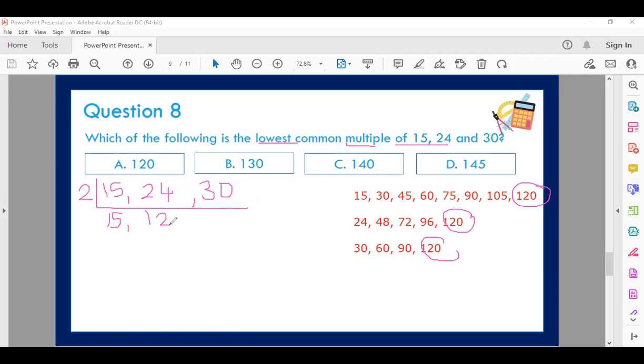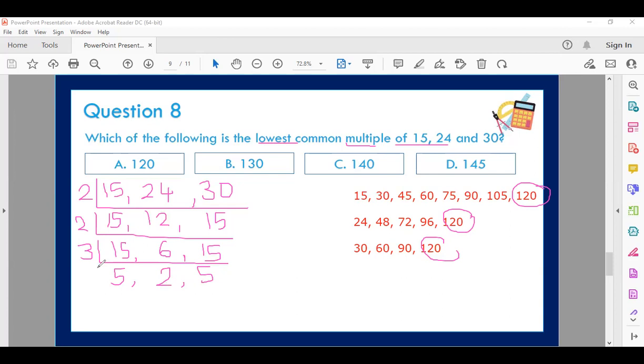This gives 12 and this gives 15. I can again divide by 2 because I have 12 here. So this will still be 15, this becomes 6, and this stays 15. Go on now to divide by 3. So this becomes 5, this becomes 2, and this becomes 5.